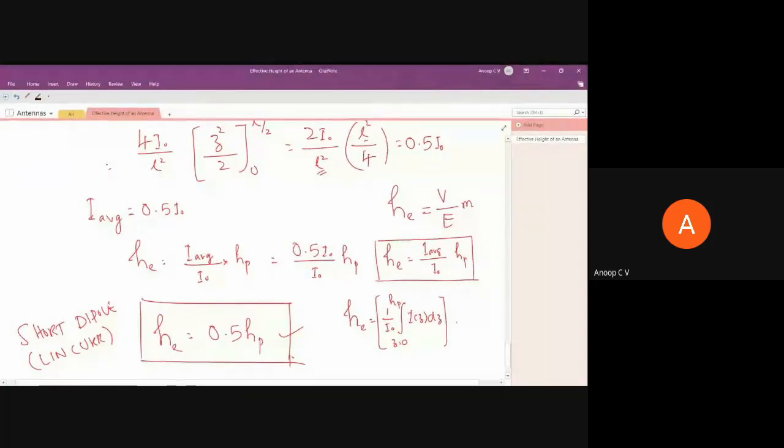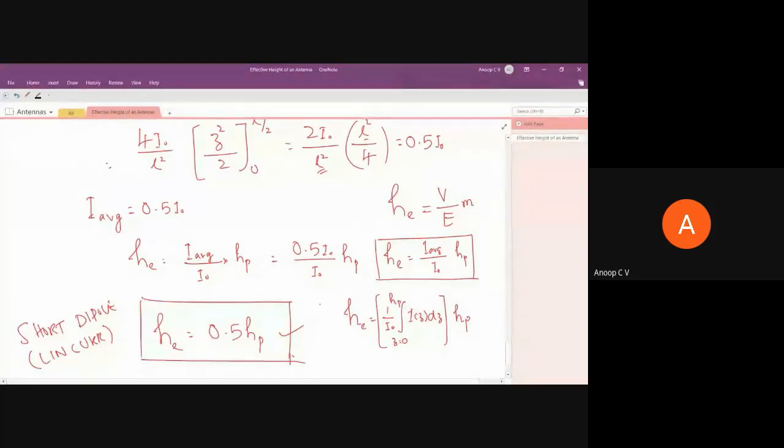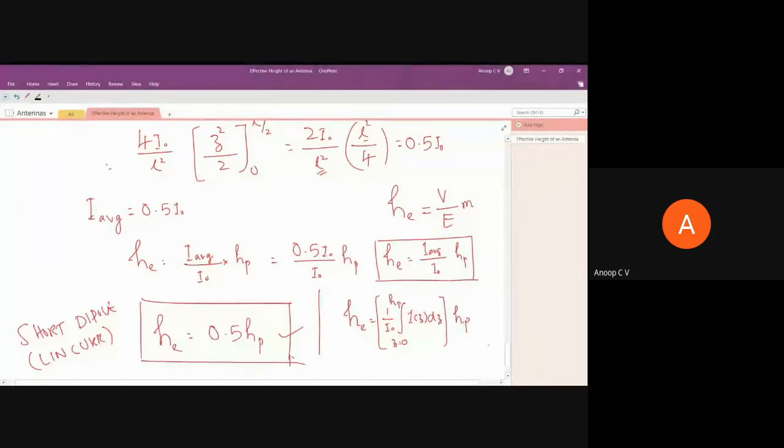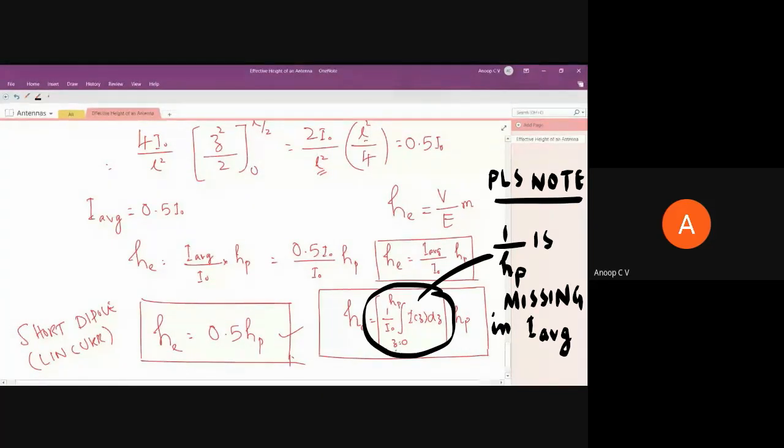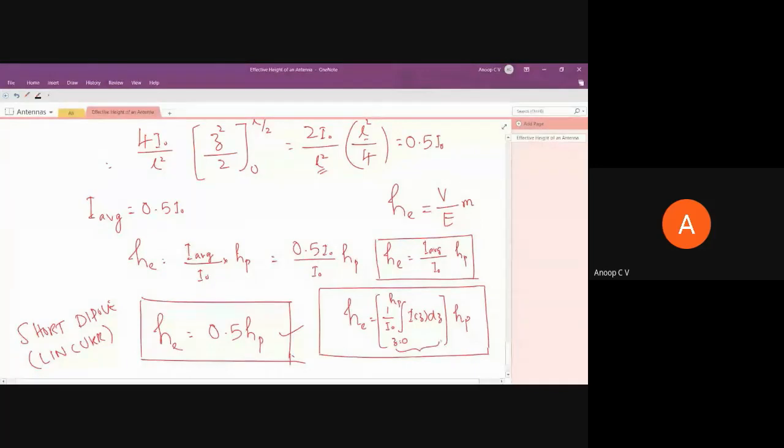Then I should multiply it with HP. So this is the more general expression: integral z from 0 to HP of I of z dz, by I naught, times HP. But to solve problems, the earlier form is better and simpler.